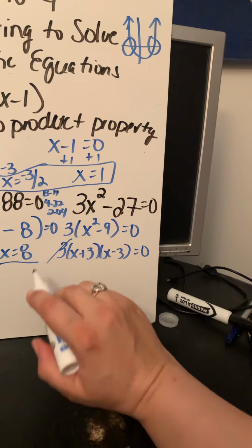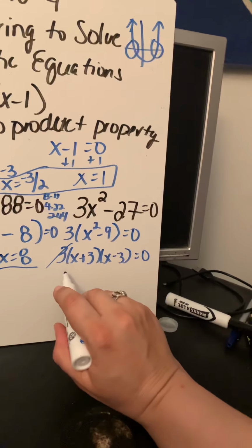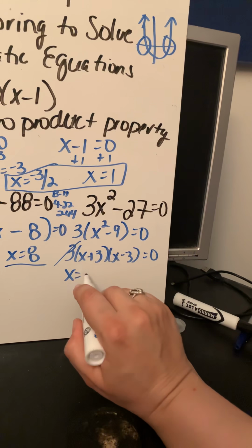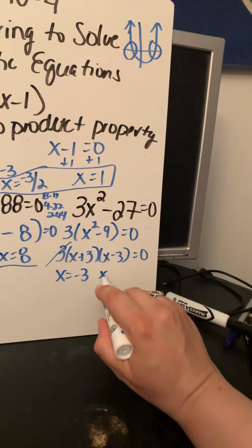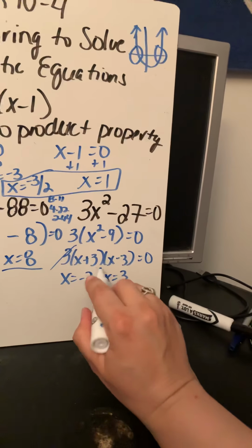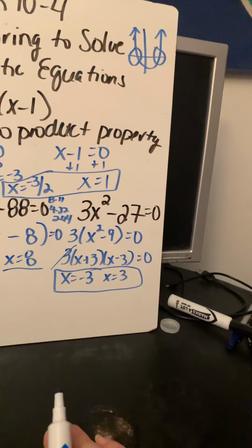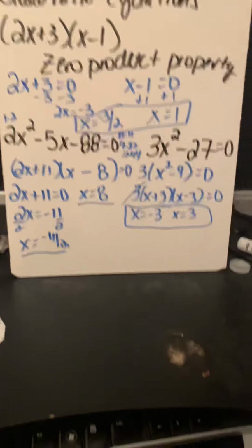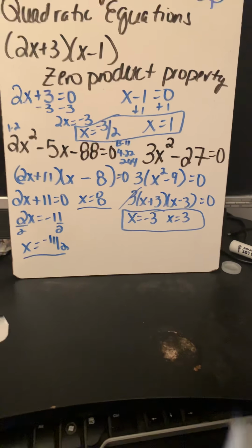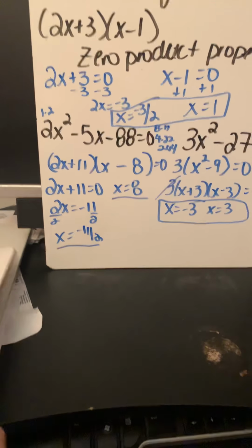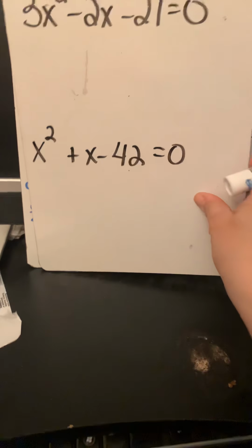So this basically gets rid of that. So what are my 2 solutions then? Flip the sign on it. Flip the sign on it. Done. X equals negative 3. X equals 3. We'll do a couple more examples here so that we have them.